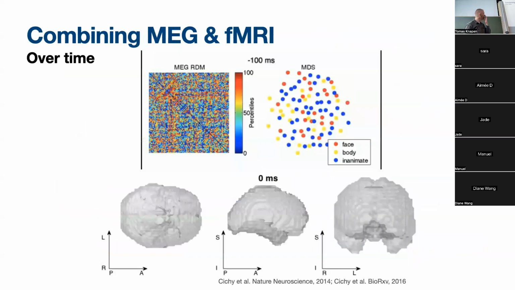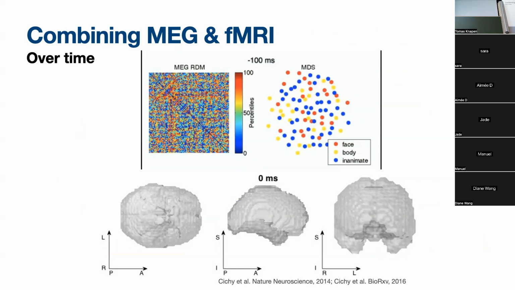And so what I want to show you here is how in space information processing transpires. So this is the fMRI signal, but then the correlation with the MEG signal over time. This is the actual MEG RDM, the representational dissimilarity matrix. And this is one of the things that you can do with a matrix like this. It's called multidimensional scaling.